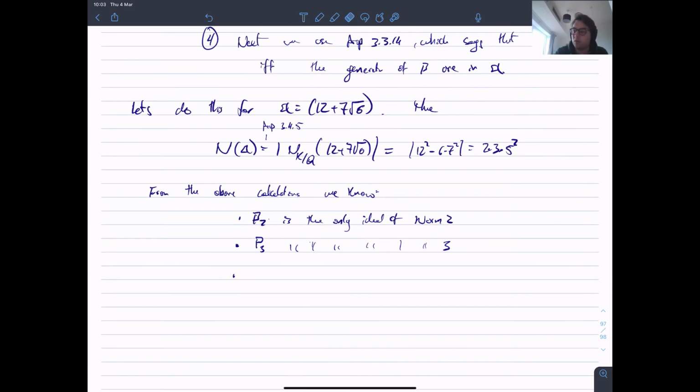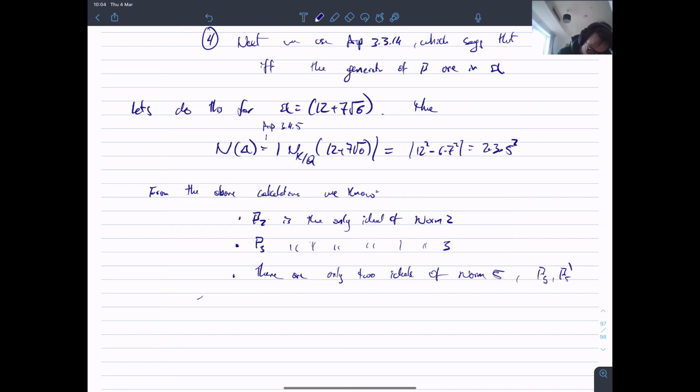They were both of norm 5. So there are only two ideals of norm 5, and they are P5 and P5 prime.